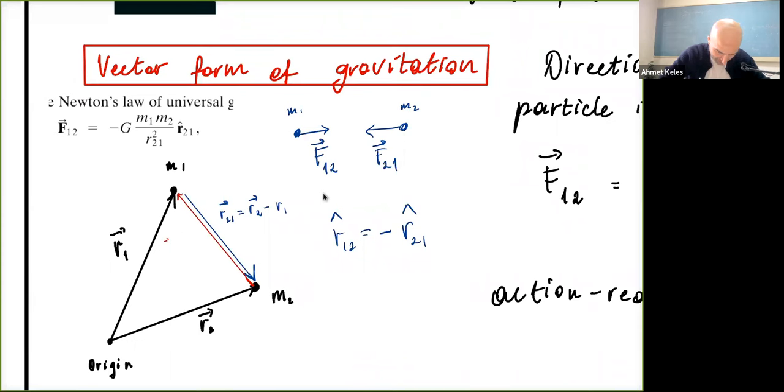So R21 goes from 2 to 1. Then R12 goes from 1 to 2. R12 is equal to R1 minus R2.